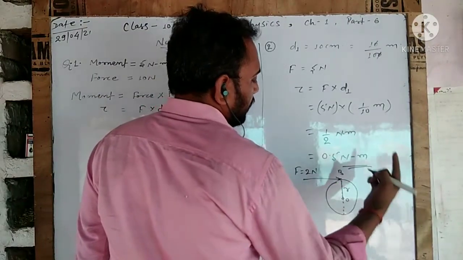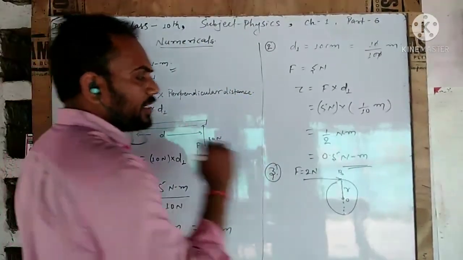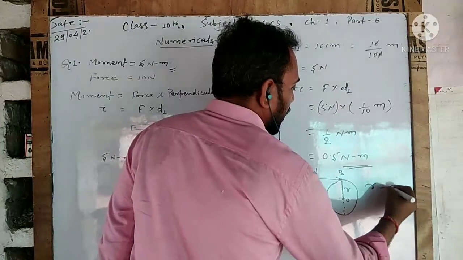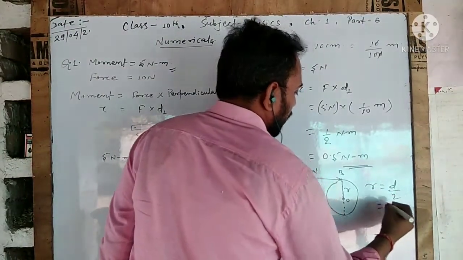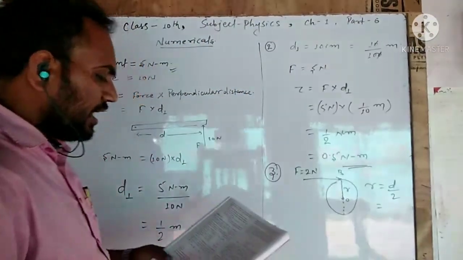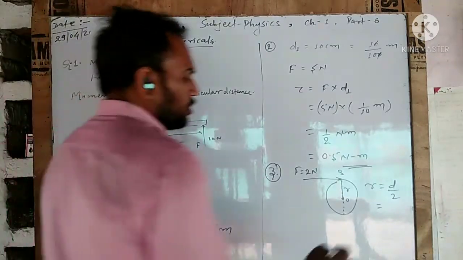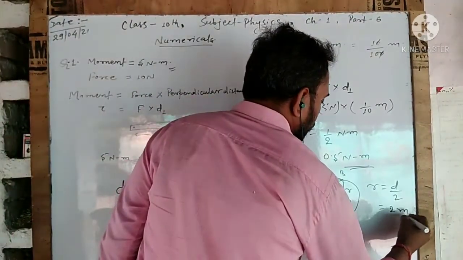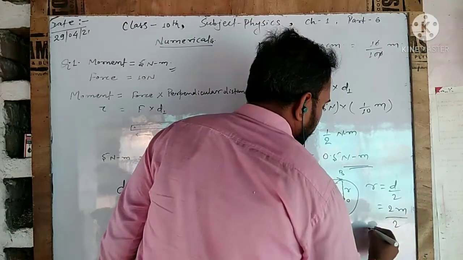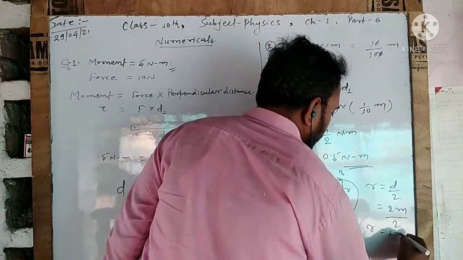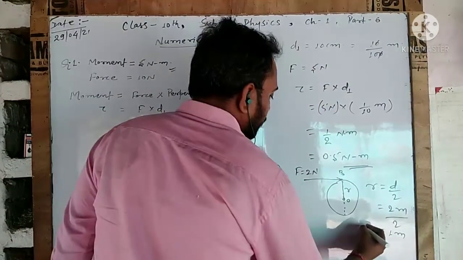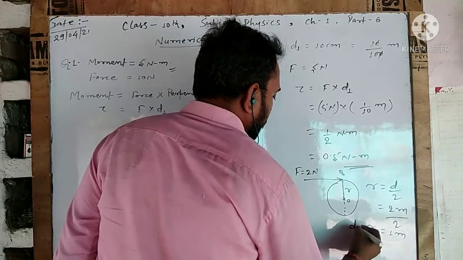We know that radius is equal to diameter upon 2. Half of the diameter is called the radius, and here the diameter is 2 meter, so the radius will be 1 meter, and this radius will act as the perpendicular distance.